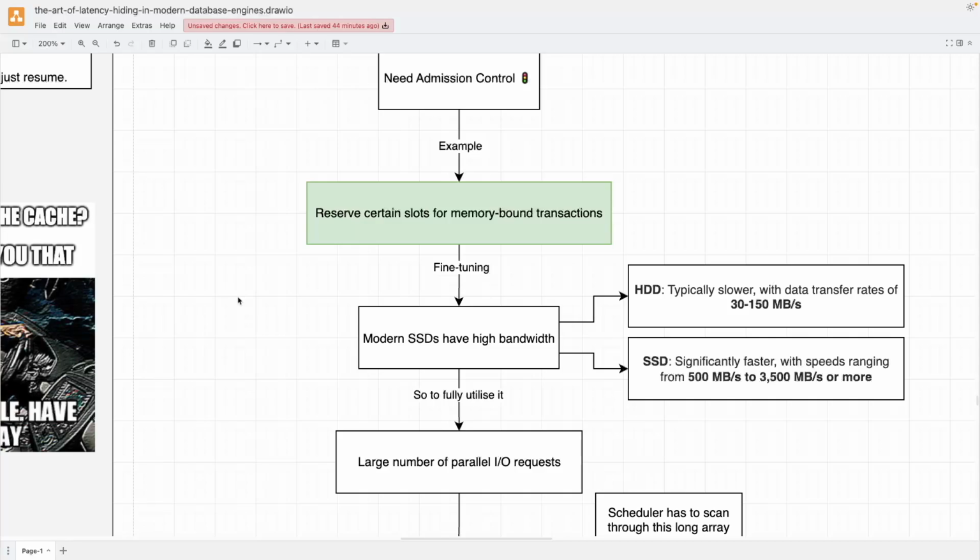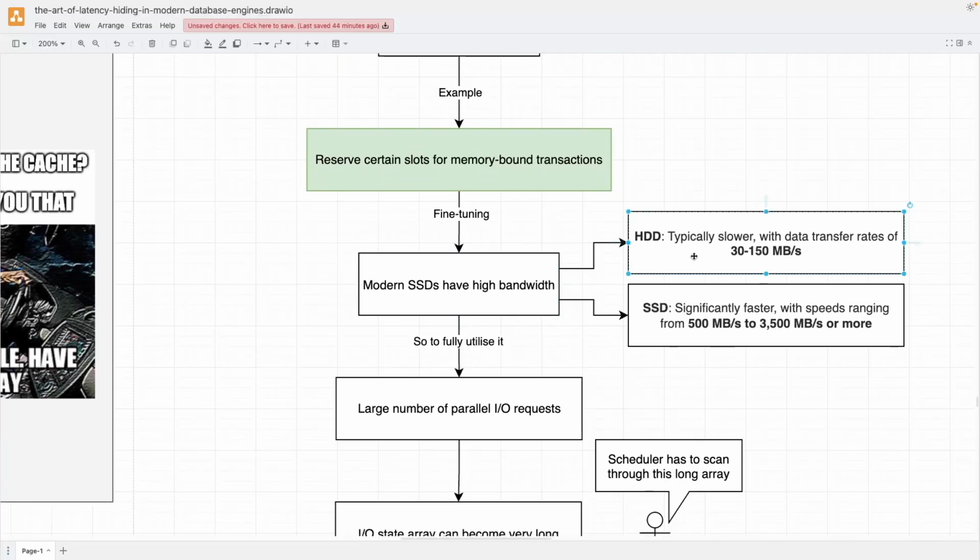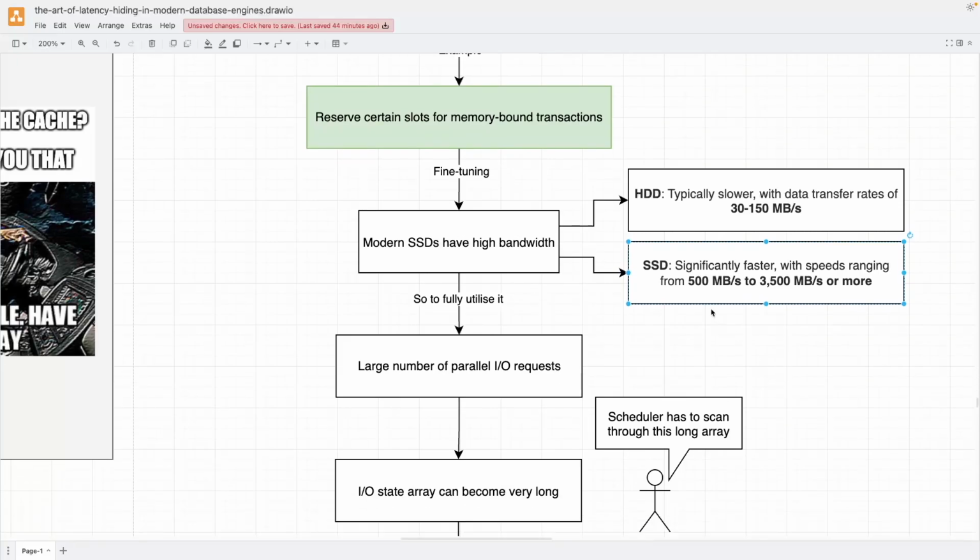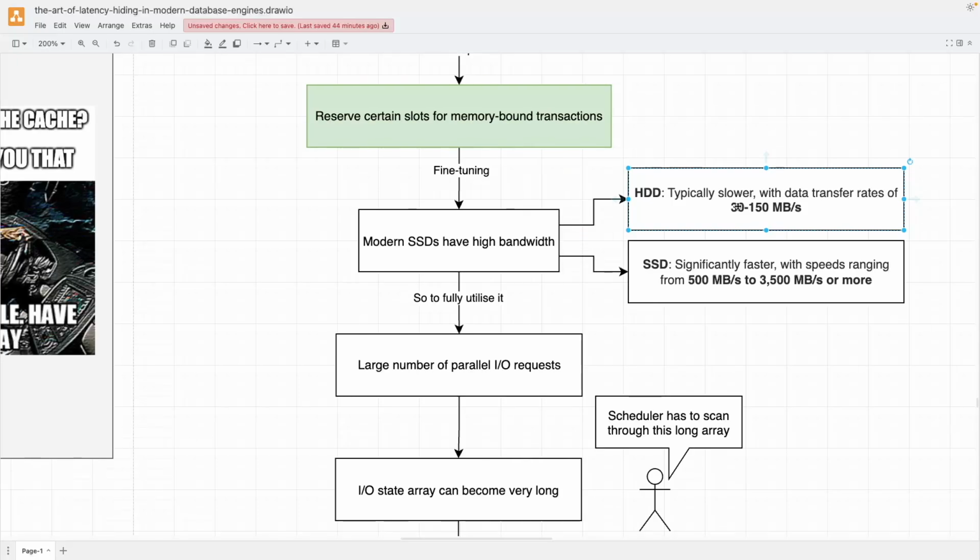However, when you're dealing with SSDs, especially the modern SSDs, the NVMe SSDs, which you get very commonly today, I think almost every flagship or even mid-range laptop comes with these. These SSDs are very fast. And just to give you an idea of how fast they are, these are some statistics which I got. Your typical hard disk drive from the past used to have just around 30 to 150 Mbps of bandwidth.